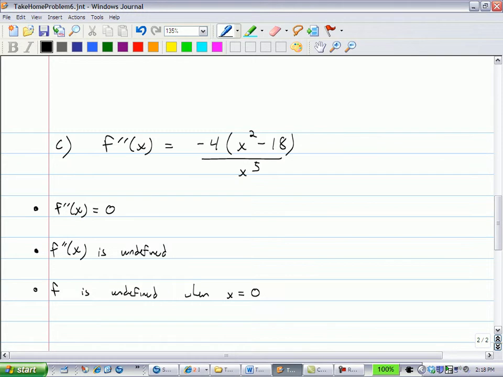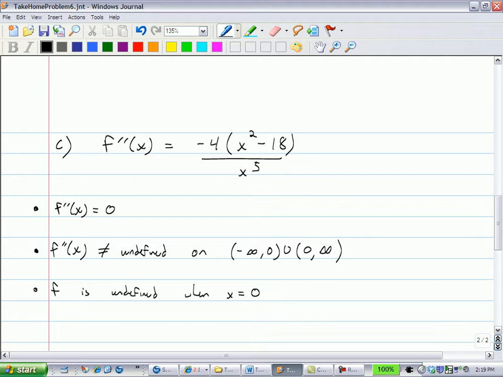What would make it undefined? It's 0, but 0 isn't in our scope anyways. So I'm going to say f double prime of x is not undefined on negative infinity to 0 union 0 to infinity. Or you could have said f double prime of x is not undefined on f's domain. And finally, where f double prime of x is 0.